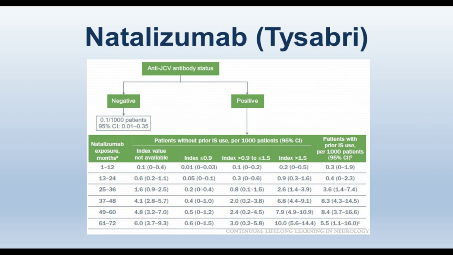For example, looking at this chart, if I am a patient who has been on Tysabri for 4 months and my index value of the JC virus antibody was 0.7, my risk is about 0.01, which is considerably less than if my index value was 1.7, where my risk would be 0.2.